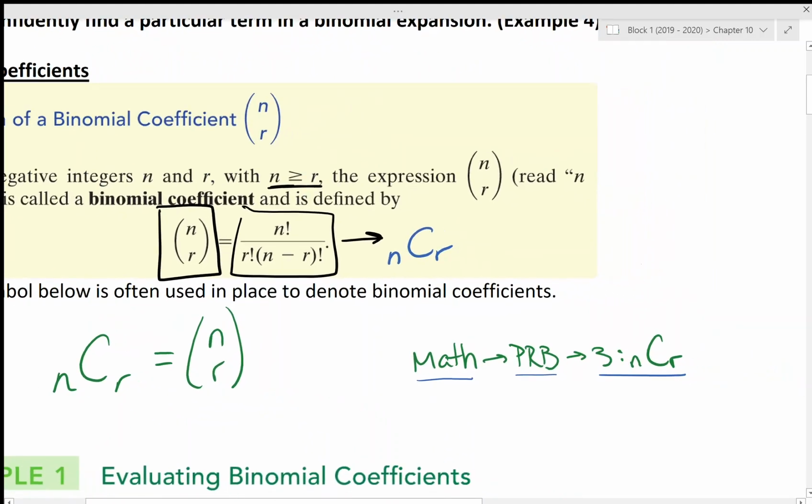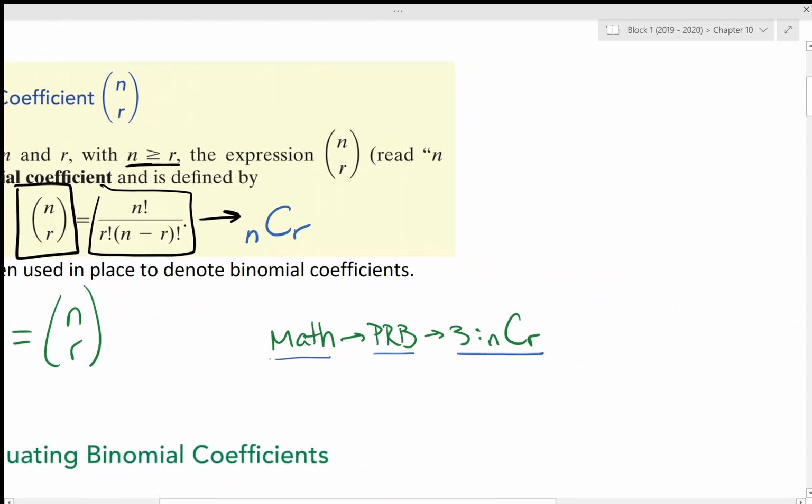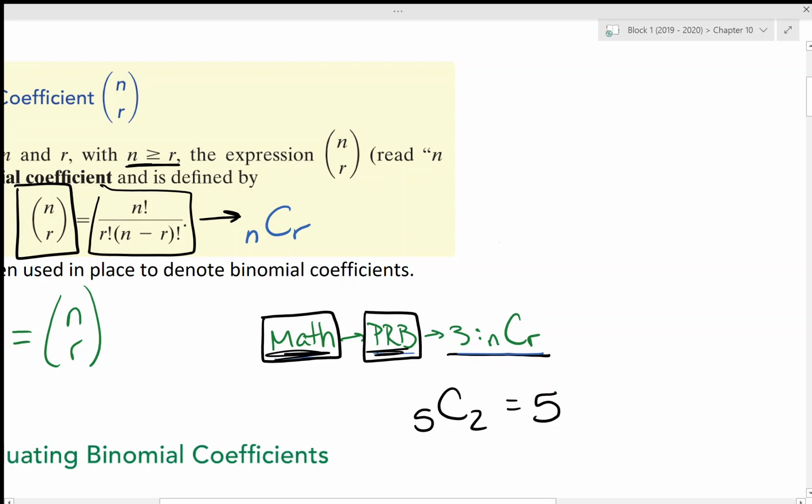The way you get to that in your calculator is by pressing your math button and then scrolling over until you highlight PRB. The third option is nCr. Something to be careful with: let's say I want to do 5C2. I'm going to press the number 5 first, then go to math, PRB, and click the nCr option.